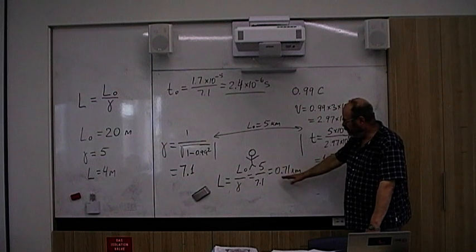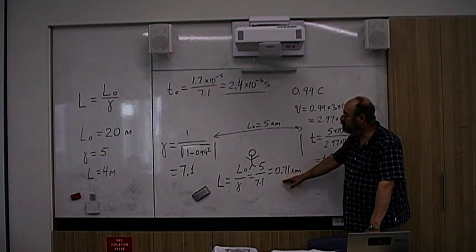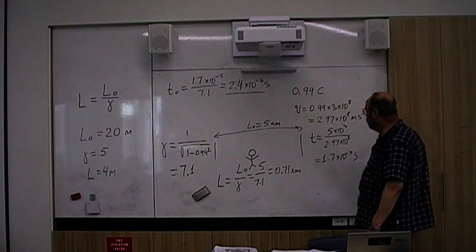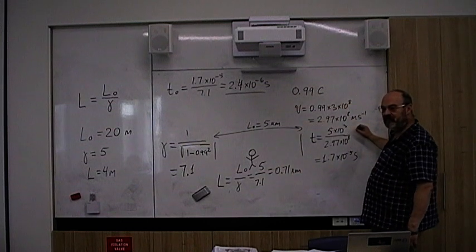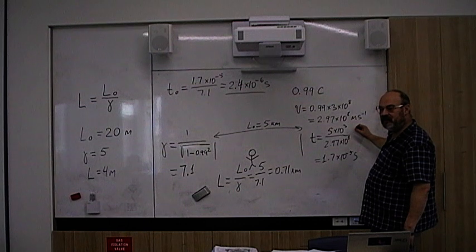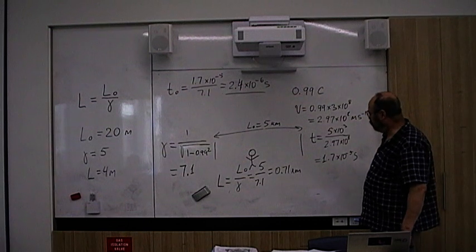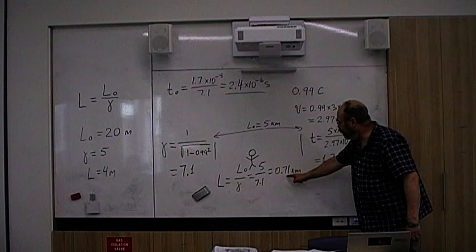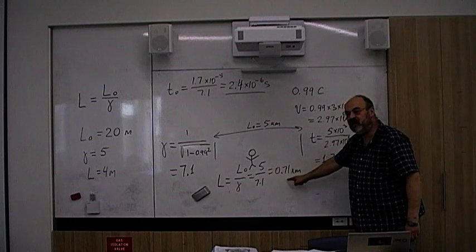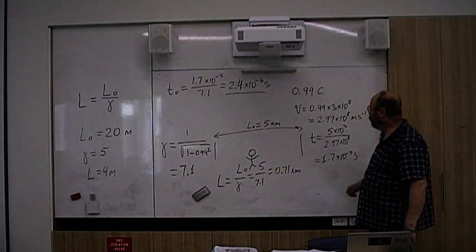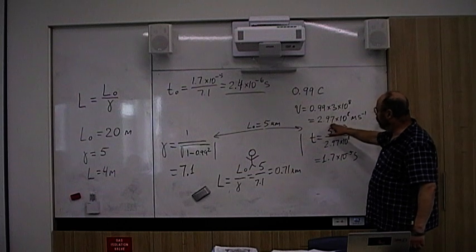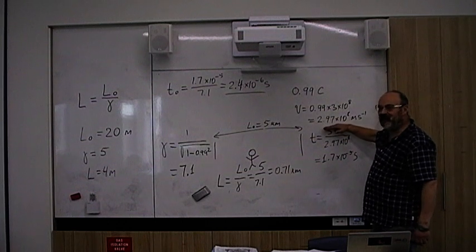Divide the contracted length by proper time. 3 times 10 to the 5? Hang on. This is 0.71 kilometers, so it's 710 meters. It's 295. So we get this speed.